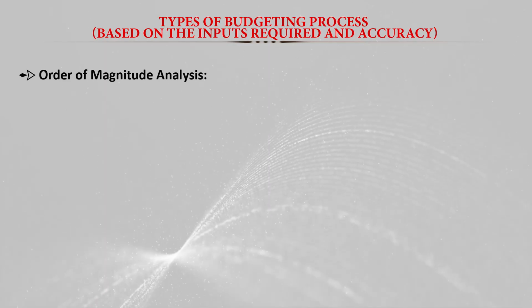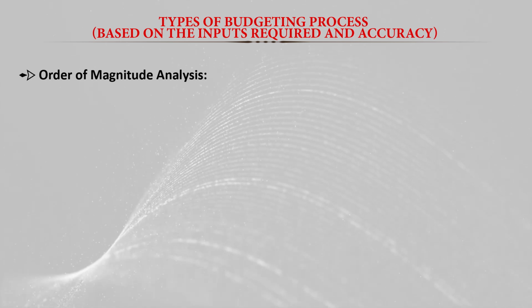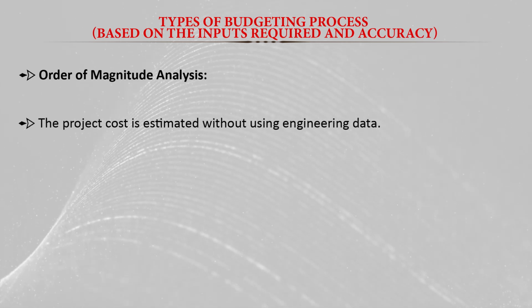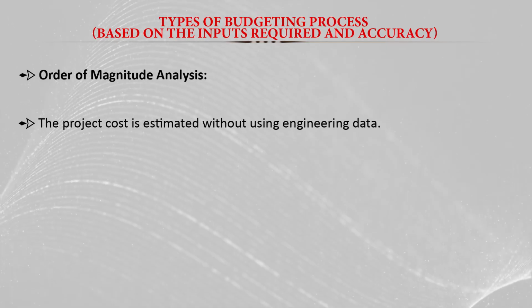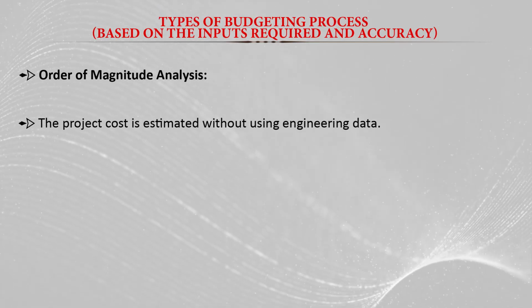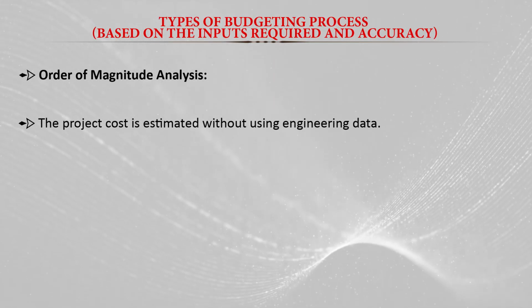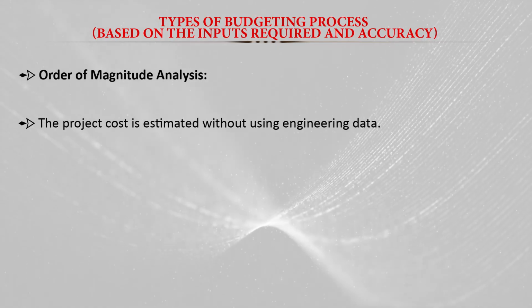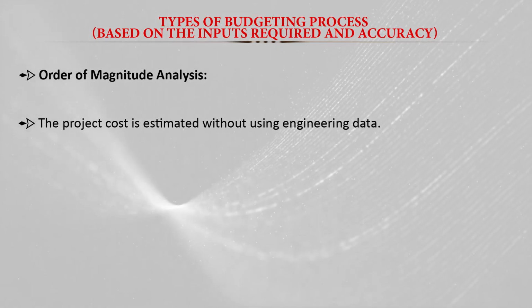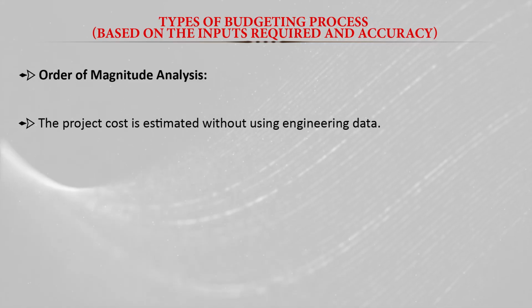First we will discuss the types of budgeting process based on the input required and accuracy level. The first type is the order of the magnitude analysis. Here the project cost is estimated without using engineering data. It is basically a very rough or broad idea about the project cost. This applies to projects in the conceptual stage, and these estimates are on a rough basis only.